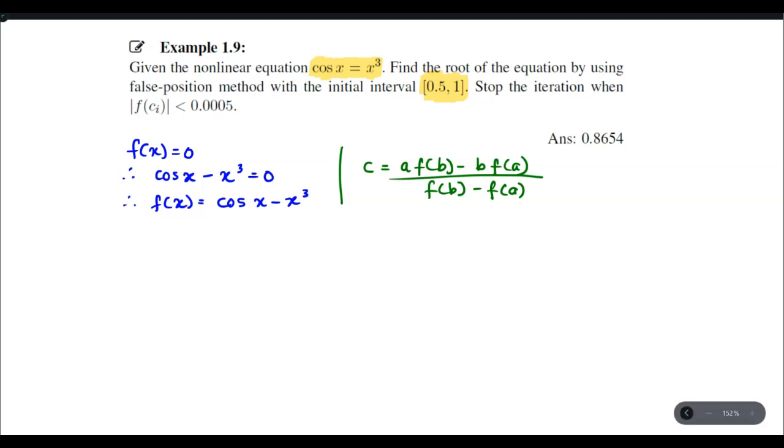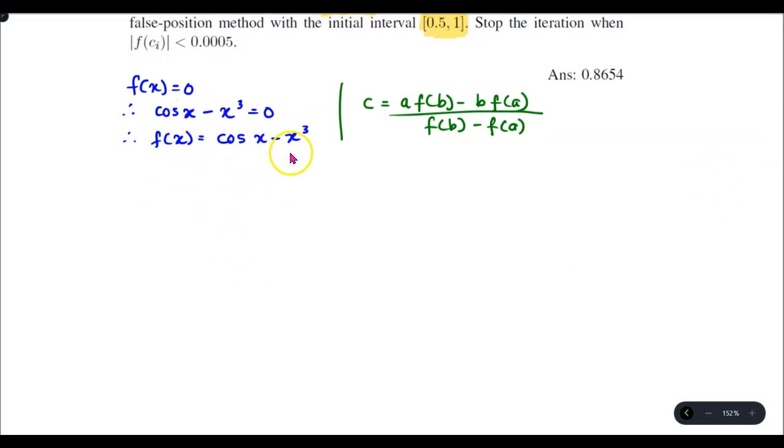In our calculator, we need to store these two formulas. The first one is f(x) and the second one is the formula for c.